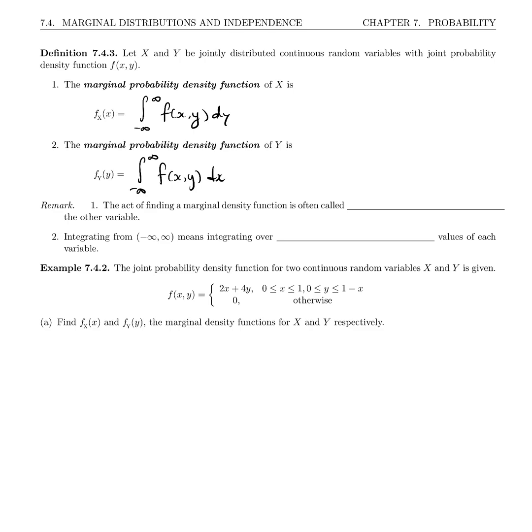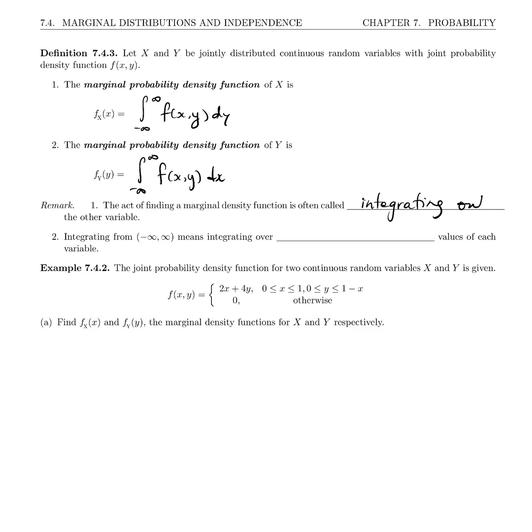So what happens when you integrate with respect to one variable only? Well, that variable disappears. So the x will disappear, and what we'll be left with is a function of y in this integral, and opposite here, the y will disappear, and what will be left is a function of x. That is the first remark: the act of finding a marginal density function is often called integrating out, because the variable disappears.